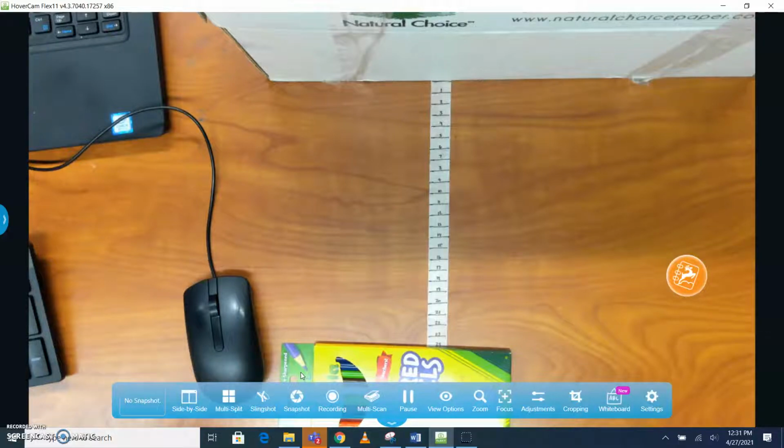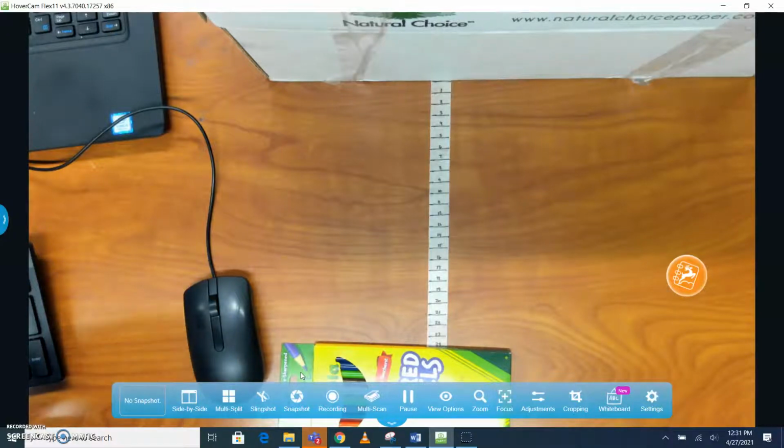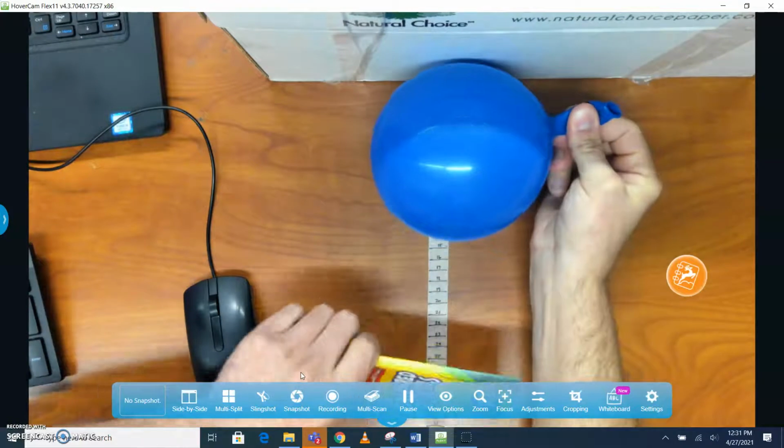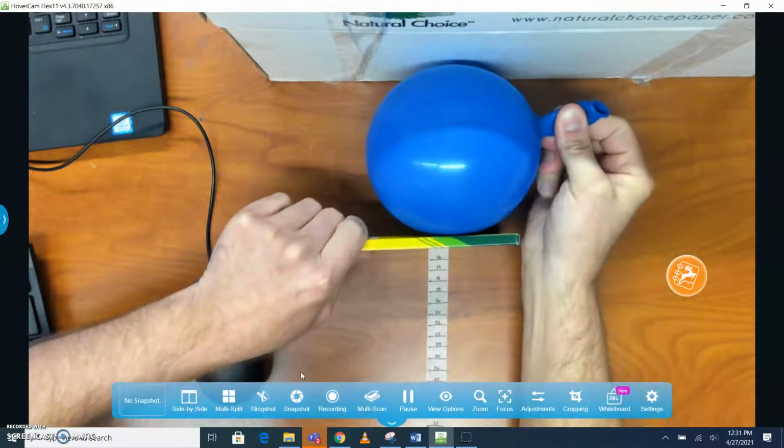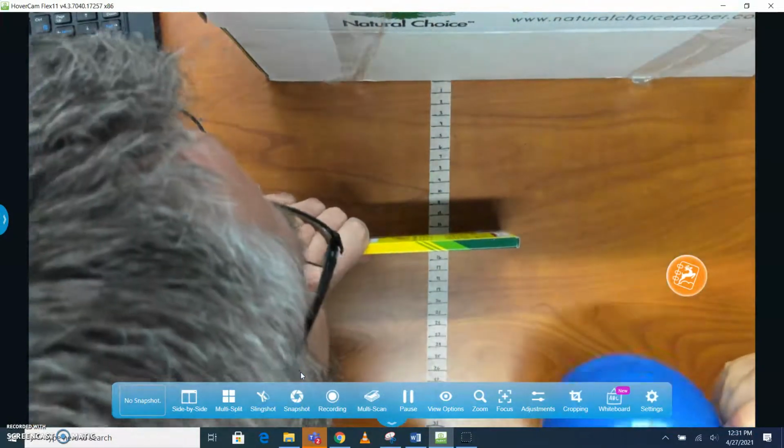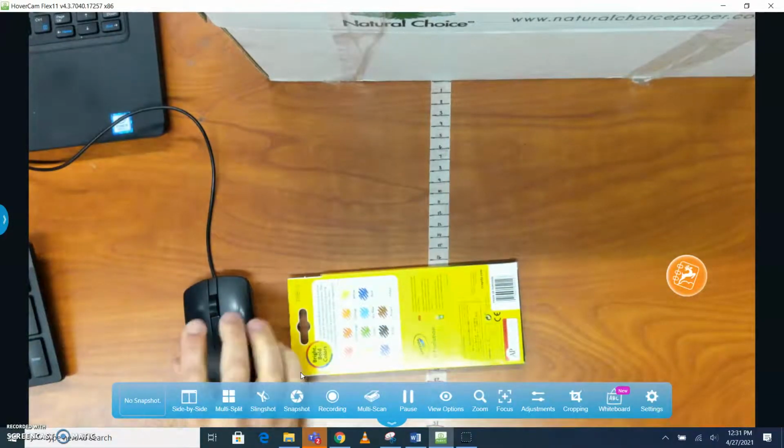Kind of reiterates the point of multiple measurements, multiple trials. One last time. And looks like this one is about 14 centimeters.